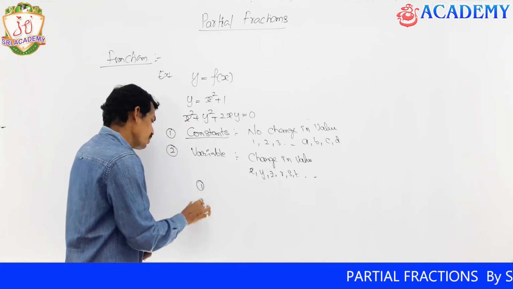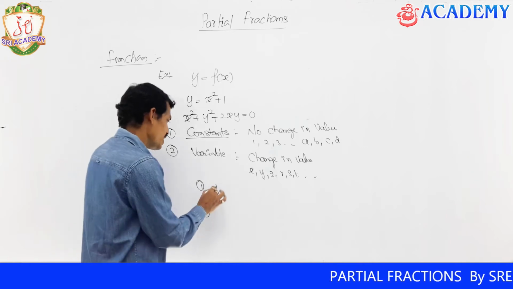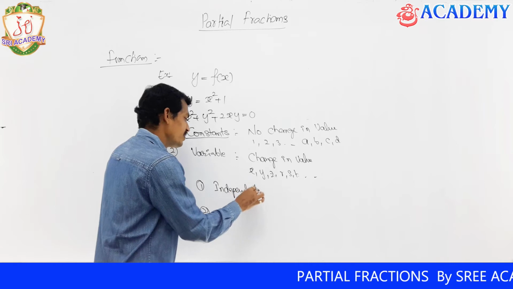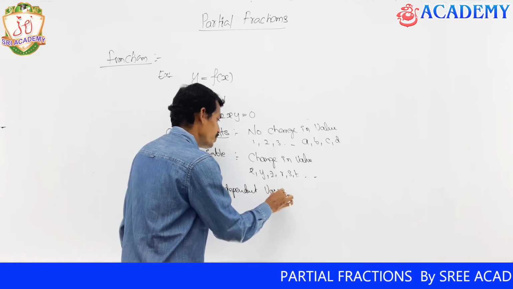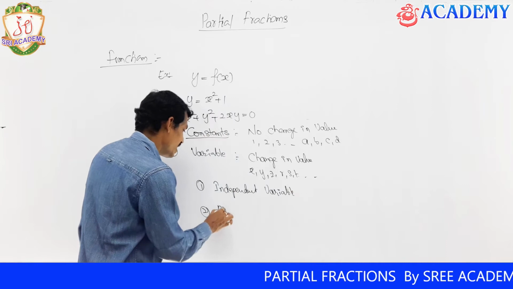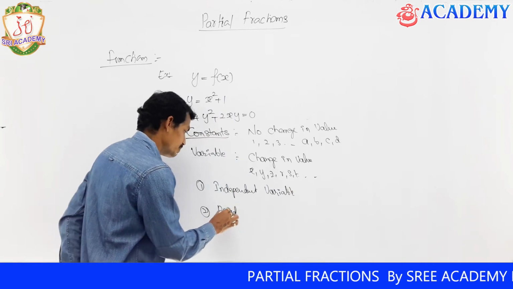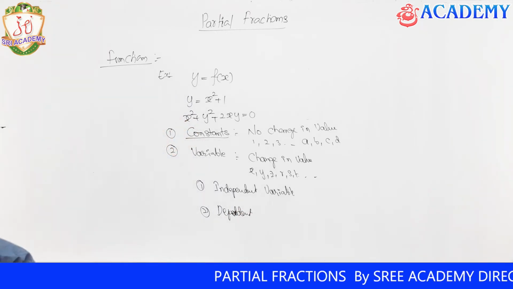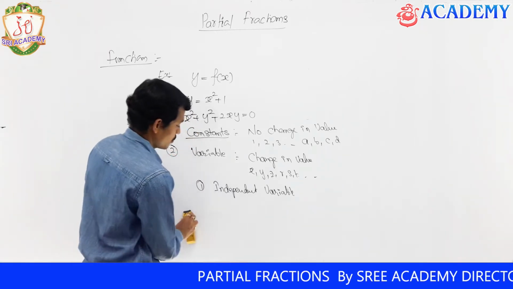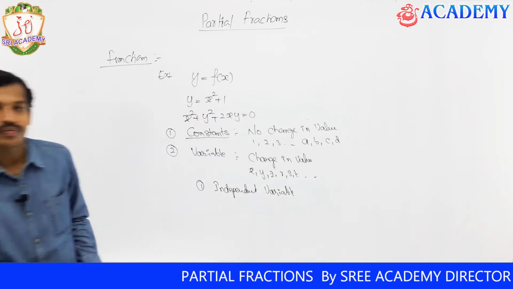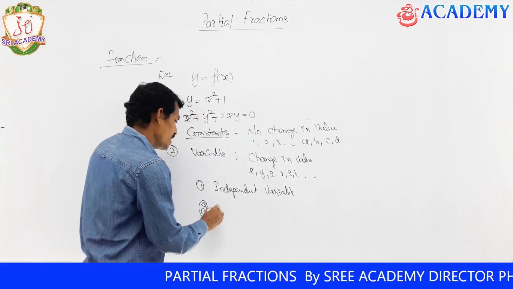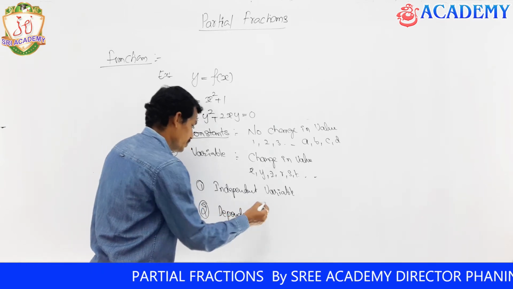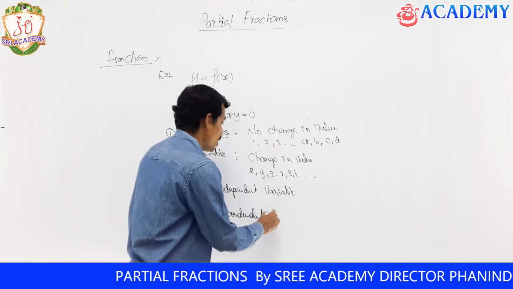Here variables are 2 types. One is an independent variable. Another one is a dependent variable.